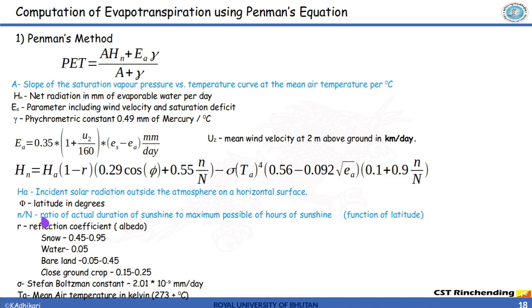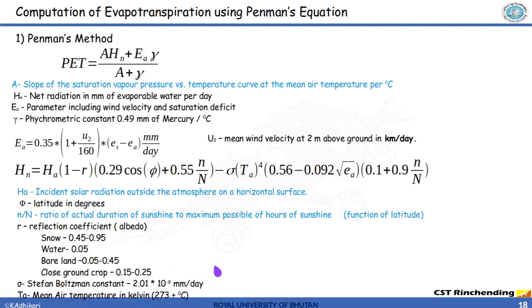A standard table is available, so these three values we will have to retrieve from the table, whereas r is a constant, also known as albedo, so it is a reflective property. Here are some constants given for different land covers. And as I said, temperature has to be in Kelvin.